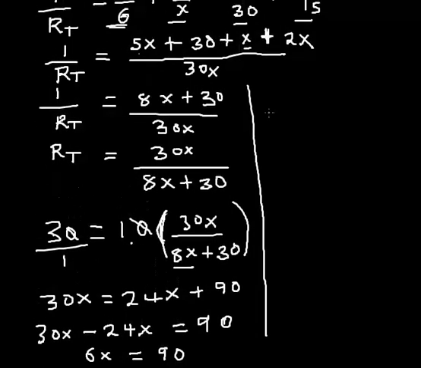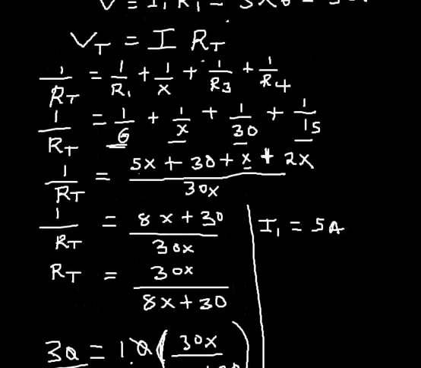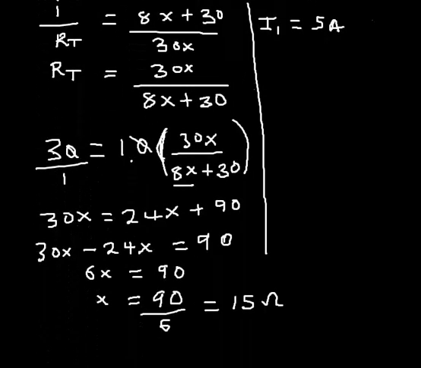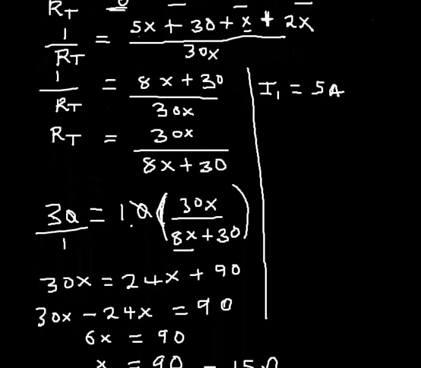So I'm going to apply the current divider. Okay, that's I1. Already I've gotten the current for I1. The current for I1 is 5 ampere. Let's get the one of I2, the current passing through X. The resistance is 15.